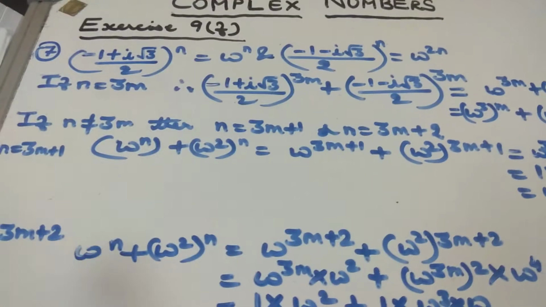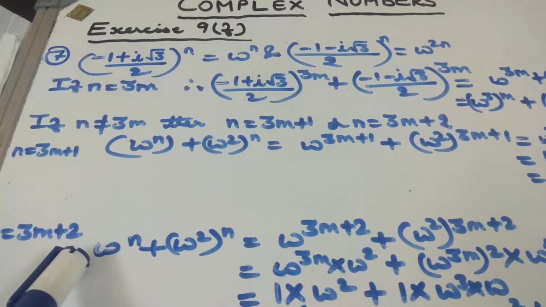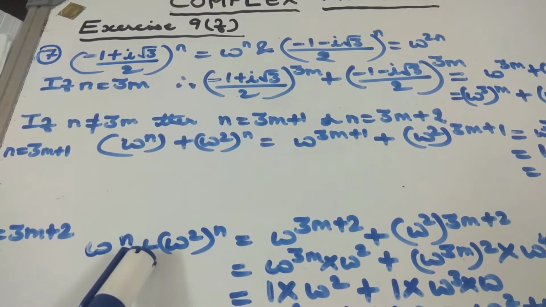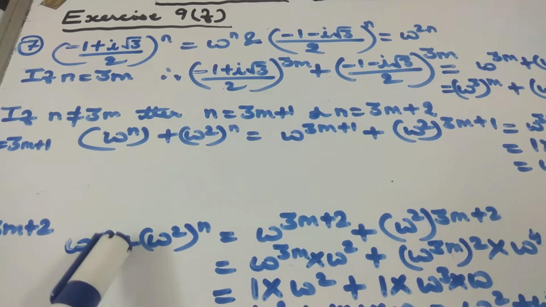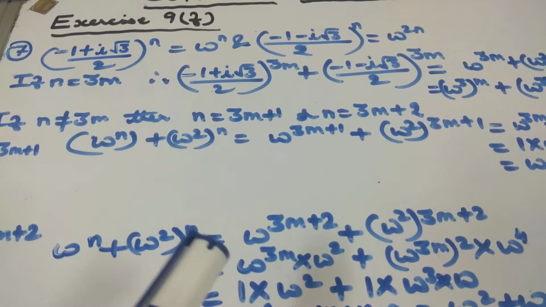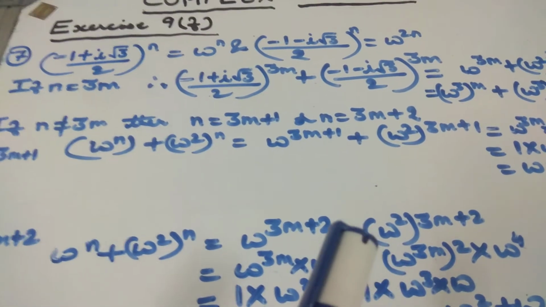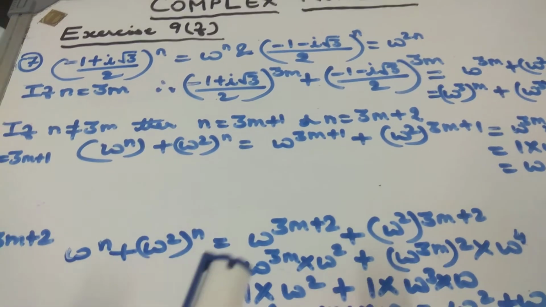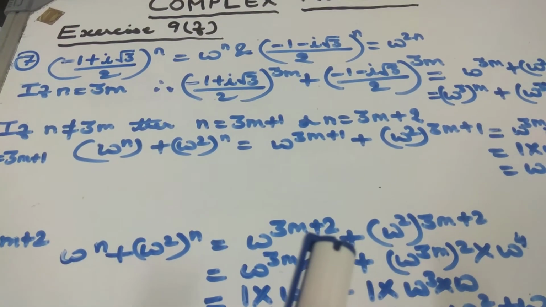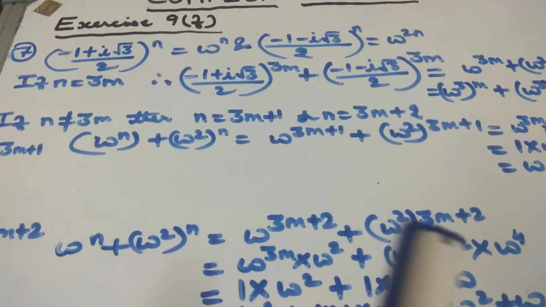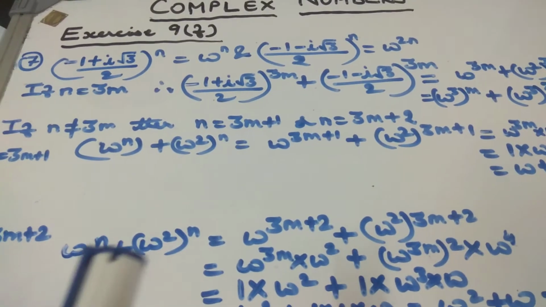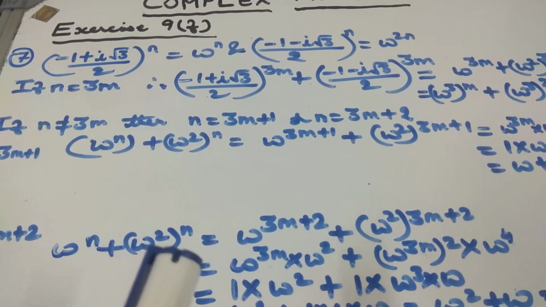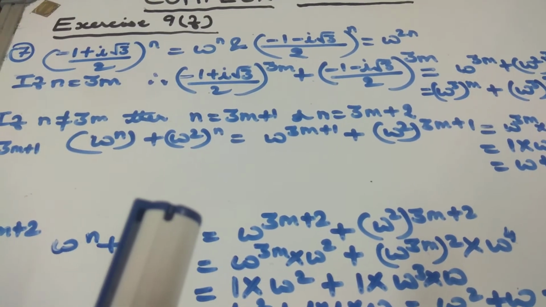Now similarly you can do it for n equal to 3m + 2. This expression is given as ω^n plus (ω²)^n. Now replace n by 3m + 2 in both the expressions, and you get ω^(3m+2) + (ω²)^(3m+2). Now ω^(3m) into ω².